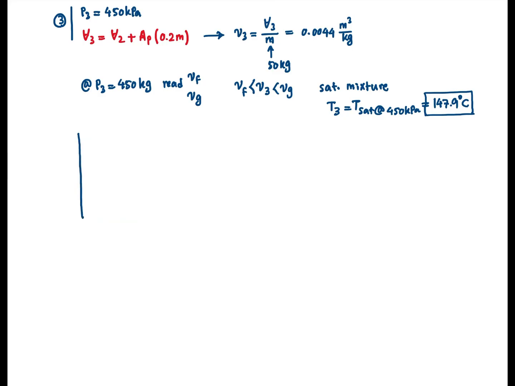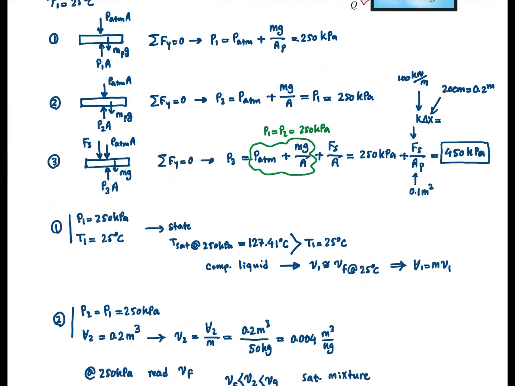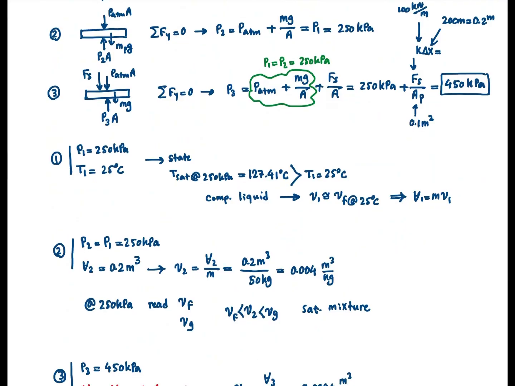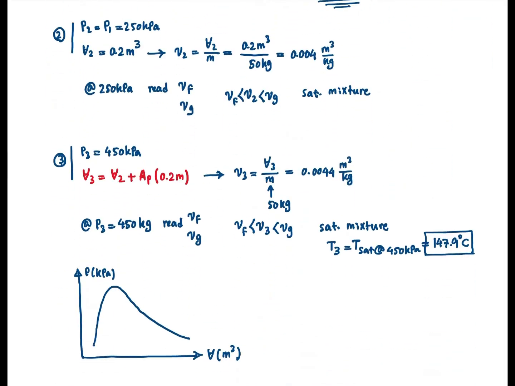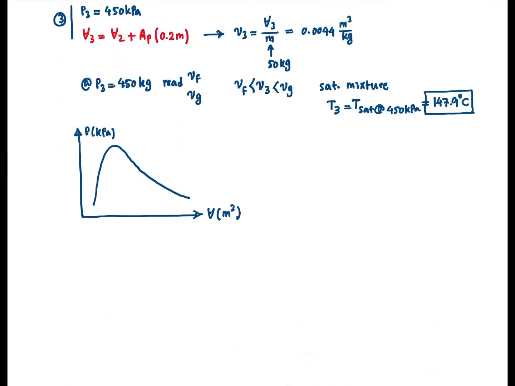Y-axis is pressure in kilopascal, and x-axis is volume in meter cubed. I draw a dome. State 1, let's see. State 1 was compressed liquid, and based on the assumption to solve for the properties, we can assume that it is saturated liquid at the given temperature. So state 1 is actually saturated liquid somewhere here, and pressure was 250 kilopascal.